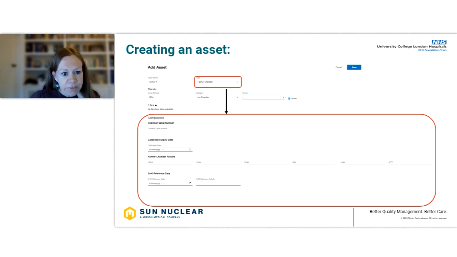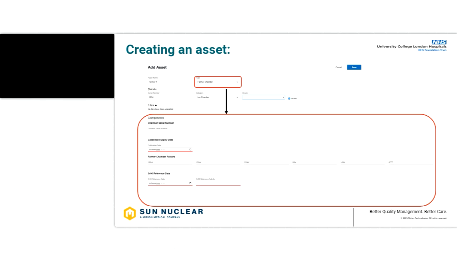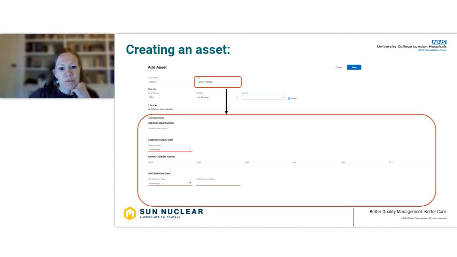One nice feature is this file edition. So you can add all your calibration certificates there if you want, or possibly work instructions on how to cross-calibrate that piece of equipment. And you can also decide whether this asset is active or inactive, so whether it's available in your templates or not.